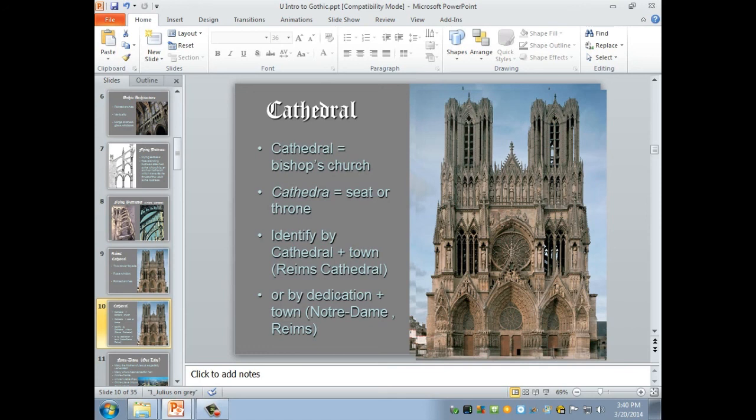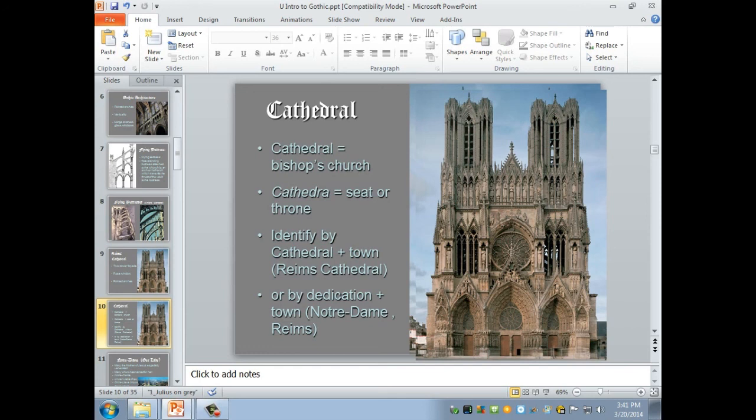When you are identifying them in art history class, you can do it two ways. Generally, there's only one cathedral in a town. Not every town has a bishop, so not every town has a cathedral. But if it is a town that has a bishop, there is usually one church that is the bishop's church, the cathedral.